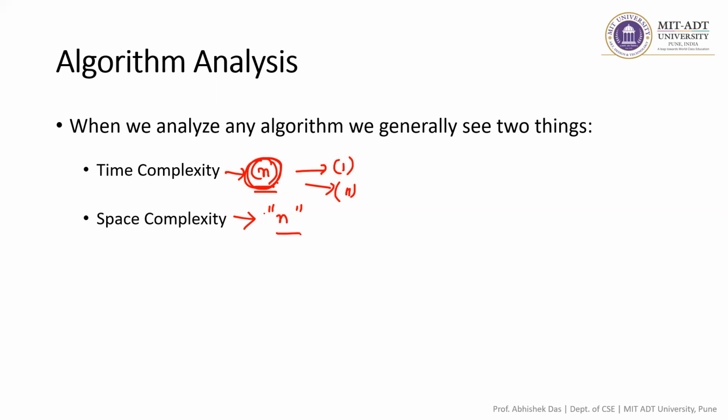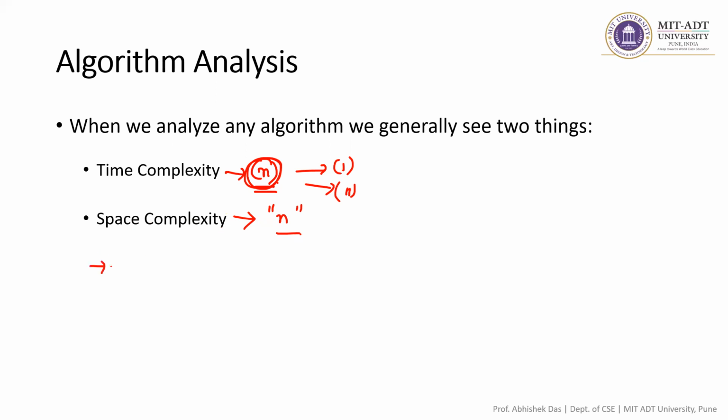Now I will come to the different asymptotic notations later on, but let me explain a little bit here that the time complexity is expressed with the help of some notations, and those are called the asymptotic notations. I will write them over here.